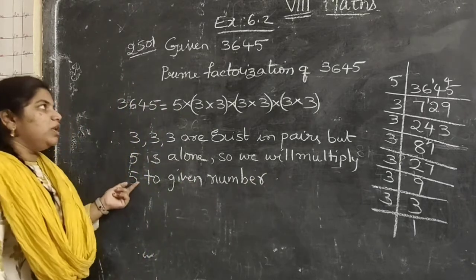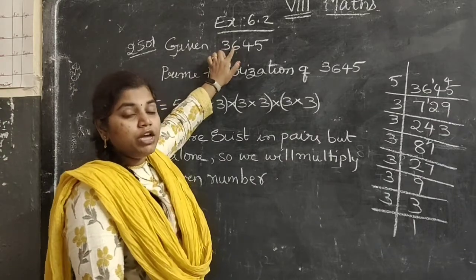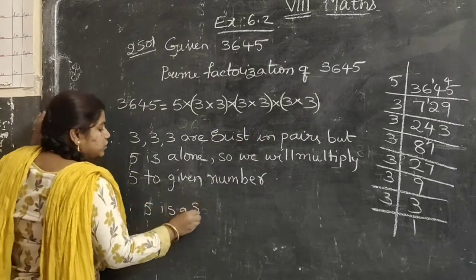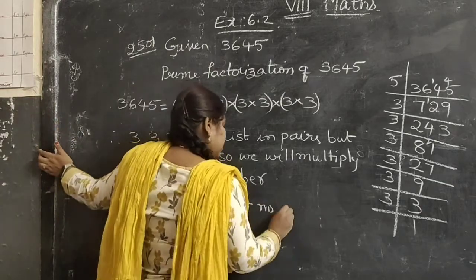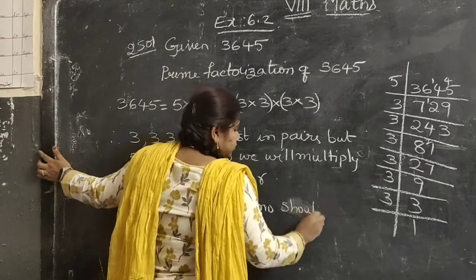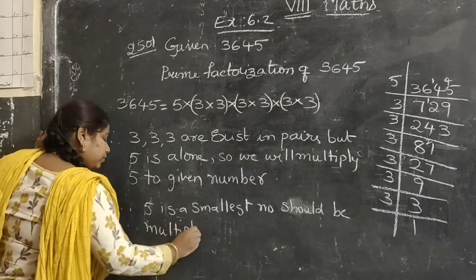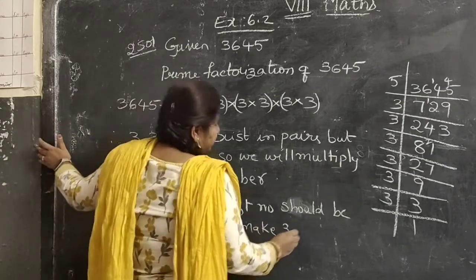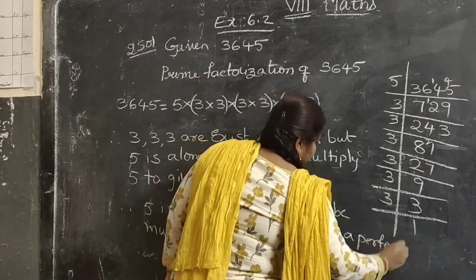So this 5 is the smallest number which we have to multiply to this 3645 to make that a perfect square. So therefore 5 is the smallest number that should be multiplied to make 3645 a perfect square.